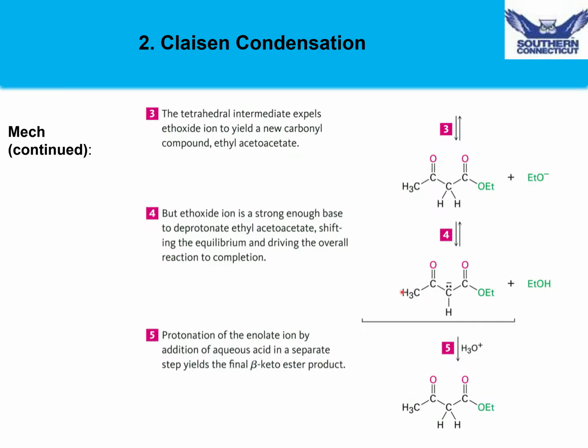So in the Claisen reaction, we usually include a second step where we add acid to get rid of not only the base, but also turn the enolate of the beta ketoester product back to a beta ketoester.